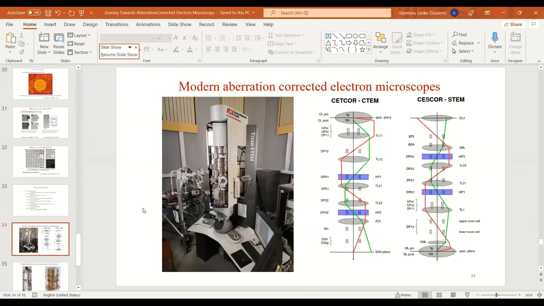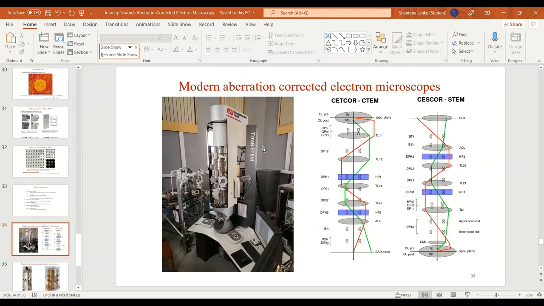So here you have the image. The image corrector is used for parallel beam TEM, which is CTEM. Because you're interested in the post field of the objective lens, because you're using immersion lenses in TEM, and your sample actually sits between two pole pieces, the objective pre-field and objective post-field.